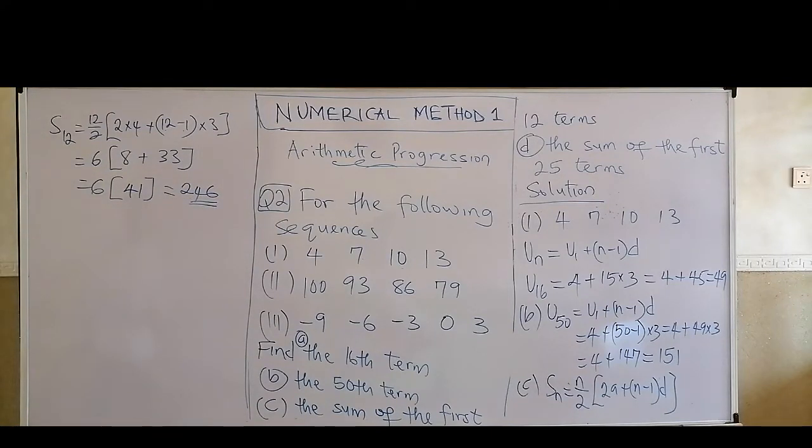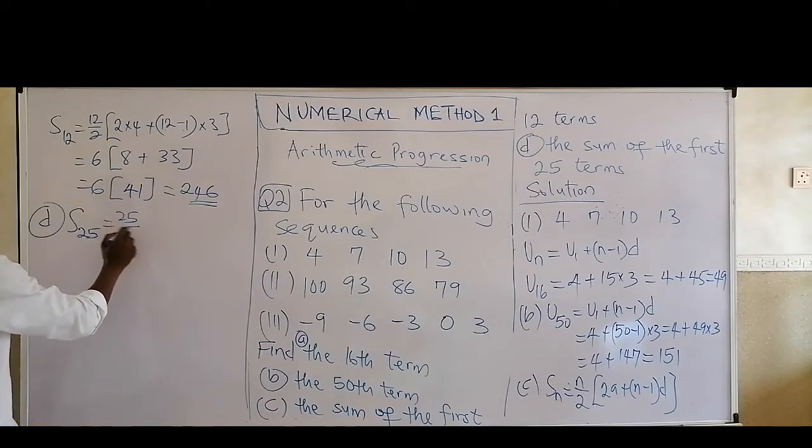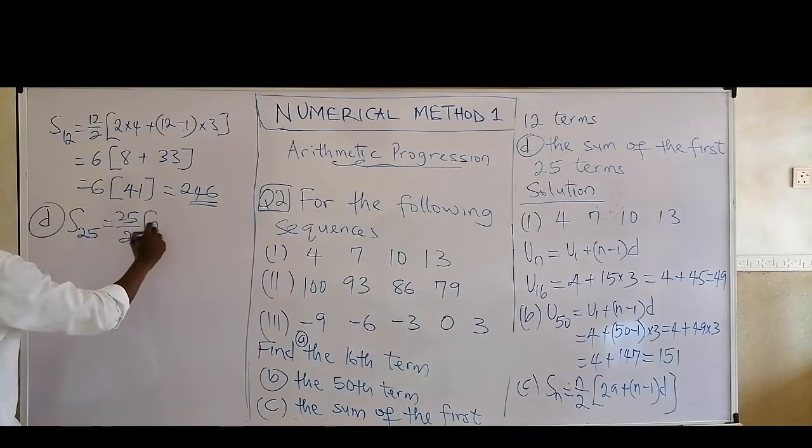And then the last part, D, we are told to find the sum of the first 25 terms. That will be S subscript 25 equal to 25 over 2 in brackets 2 times a.